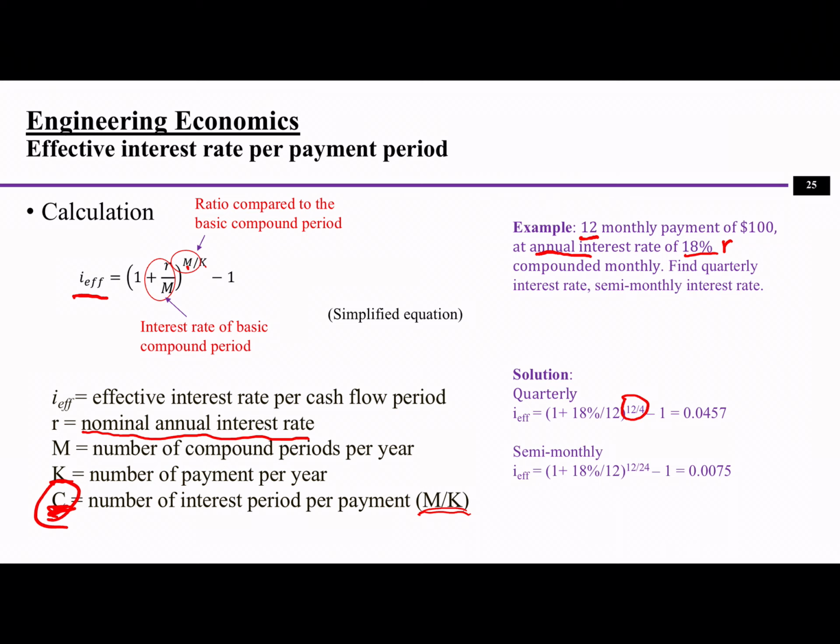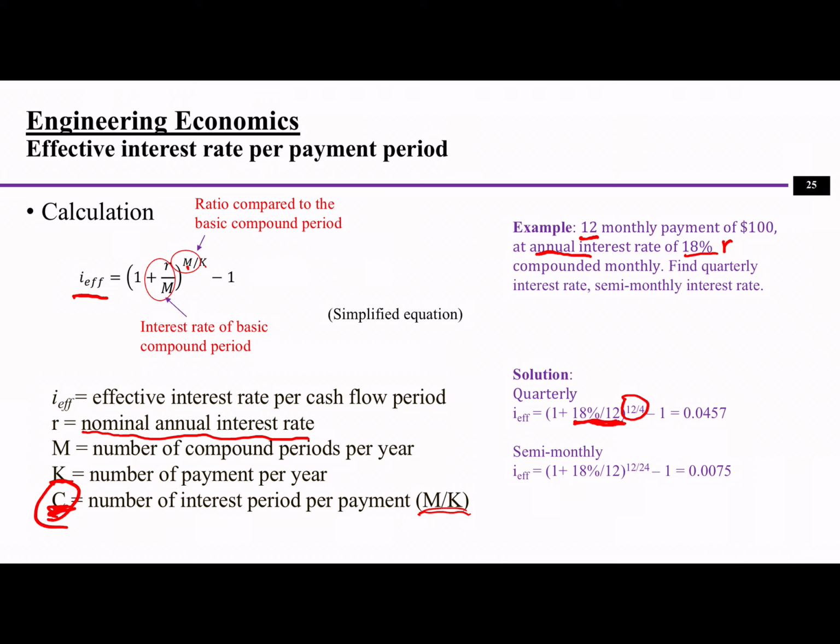If you look at it, m is the compounded periods. The compounded period is monthly, 12, so it's 1 month, and the quarter is 3 months. Then we raise to the power of 3.